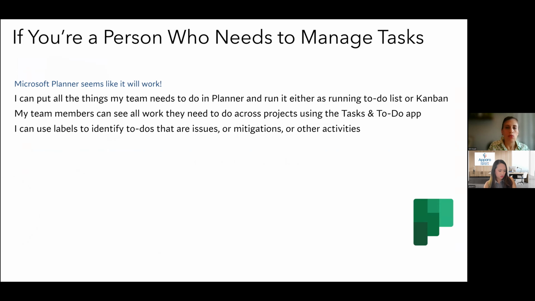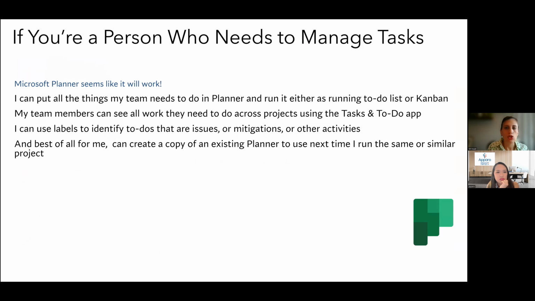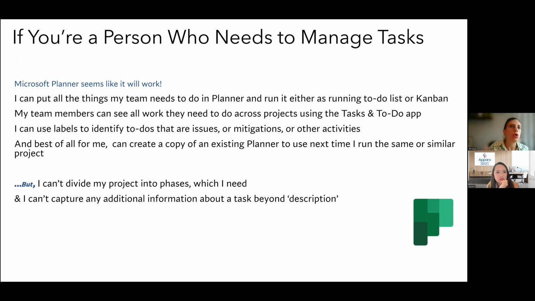They can look at how these tasks are categorized based on your labels, based on your fields. And you can create copies of an existing planner. So next time you have a similar project or list of tasks, you can copy it. But you cannot have phases in the sense that you can roll up information about an overall status.